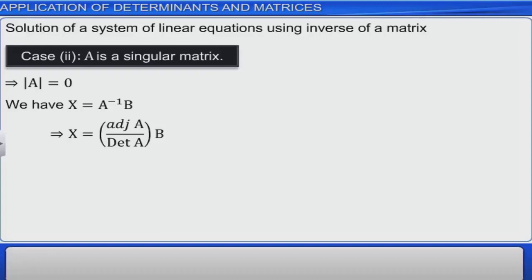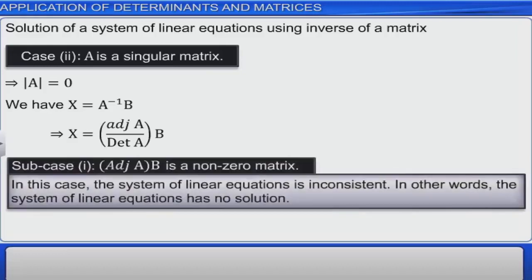While solving this equation, 2 cases arise again. That is, adjoint of A into B is either a 0 matrix or a non-zero matrix. If adjoint of A into B is a non-zero matrix, then the system of linear equations is inconsistent. In other words, the system of linear equations has no solution.